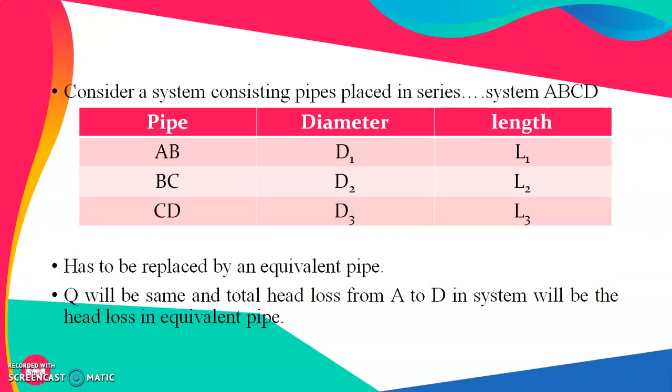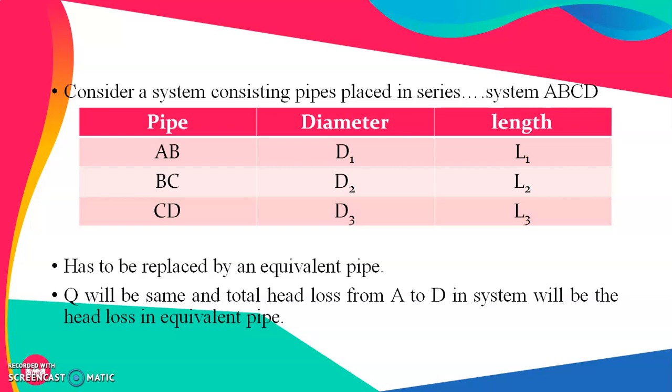Now consider a system consisting of pipes placed in series, that is system ABCD. Here the pipe AB is connected to pipe BC, and then it is connected to pipe CD. The different associated parameters have been mentioned in the table.